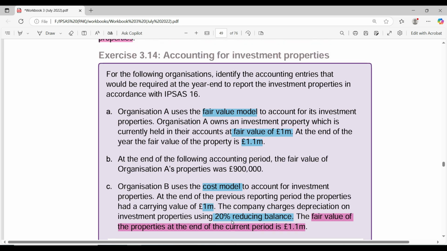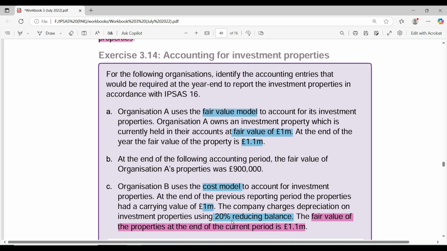Now exercise 3.14, accounting for investment properties. For the following organizations, identify the accounting entries that would be required at the year end to report the investment properties in accordance with IPSAS 16. Organization A uses the fair value model to account for its investment properties.